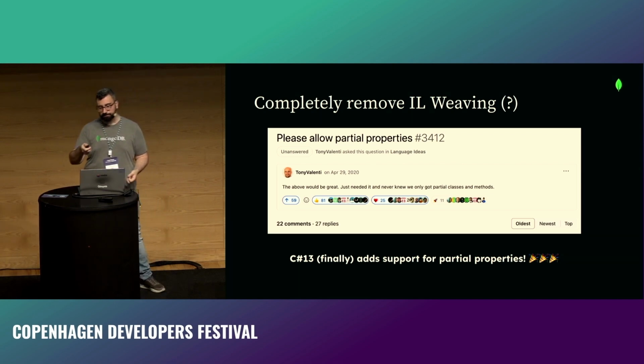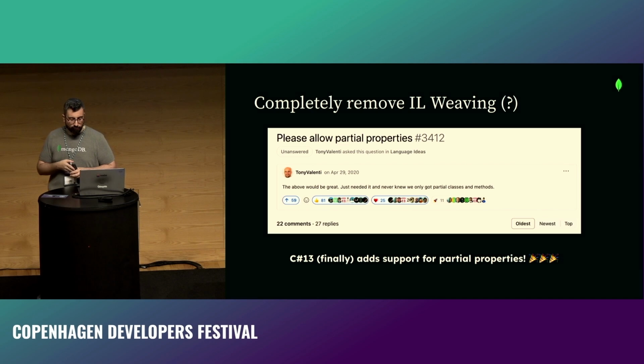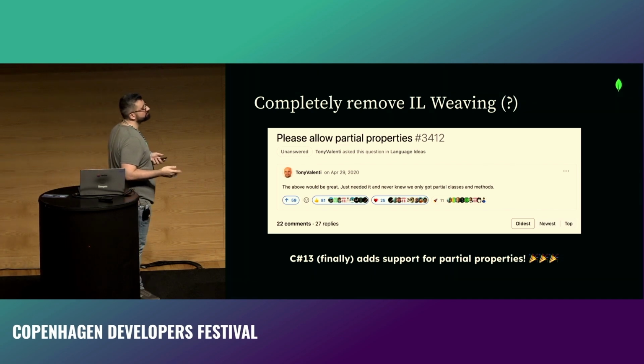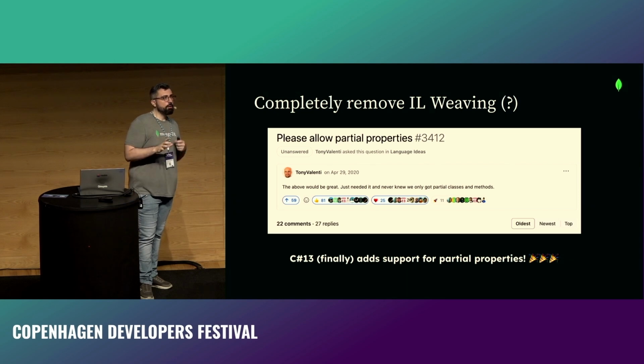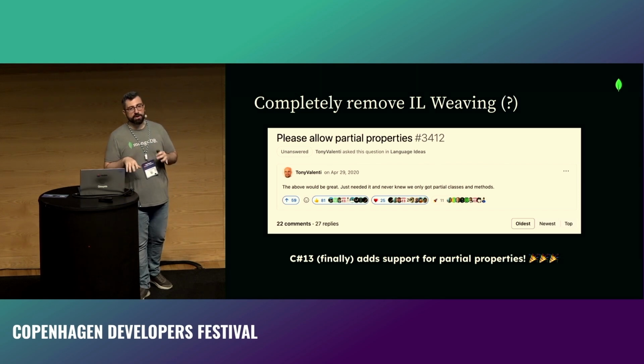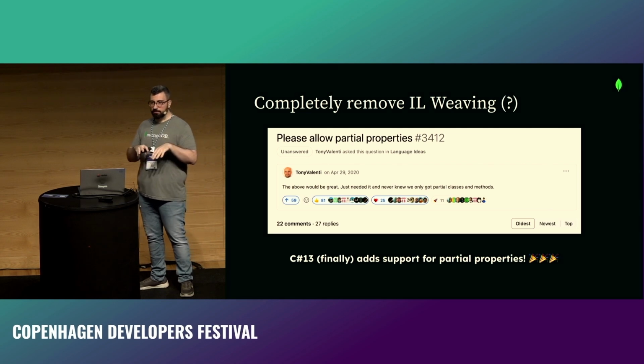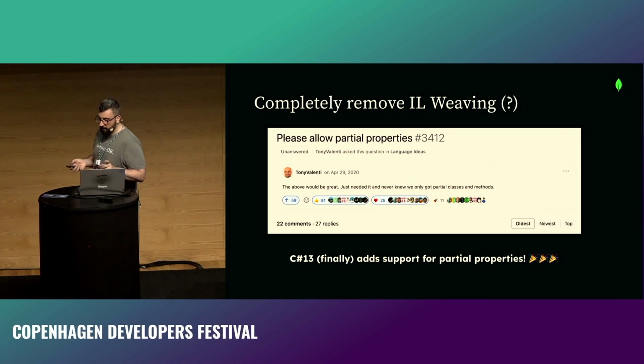And finally, in C# 13, we are getting partial properties. And this is super nice, because before this, another way that we could have gone around this would be using interceptors, which look much worse to use, to be honest.